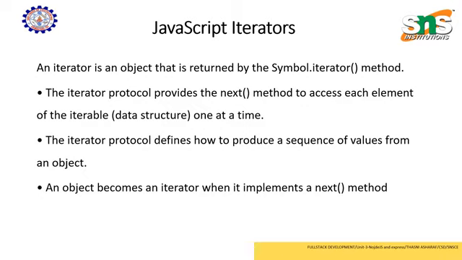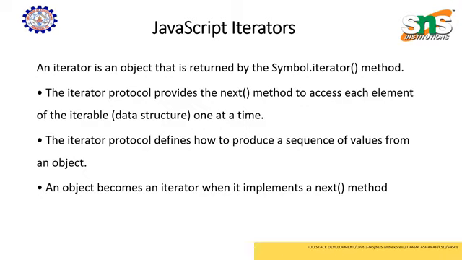Again, what are JavaScript iterators? An iterator is an object that is returned by the Symbol.iterator. Previously, we saw that data structures that have the Symbol.iterator are called iterables.